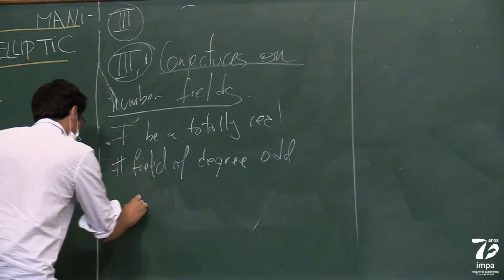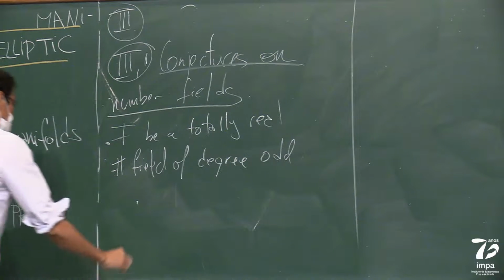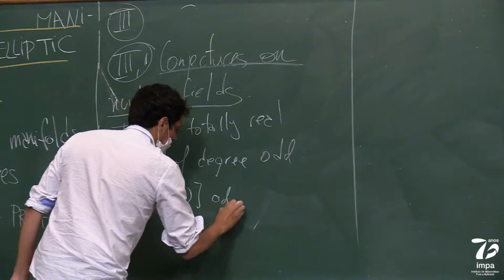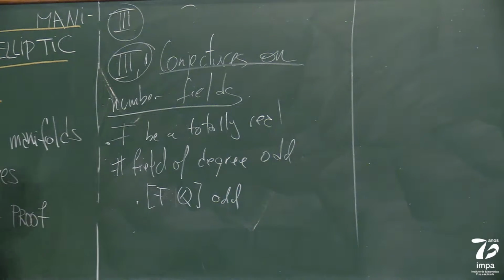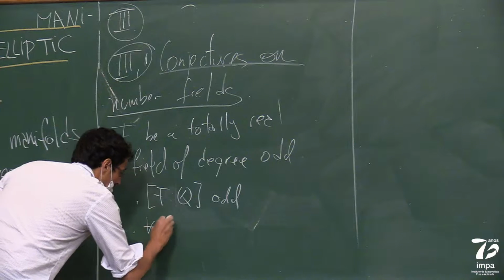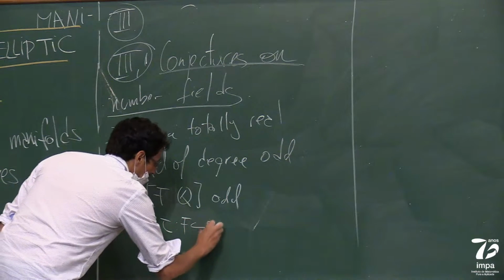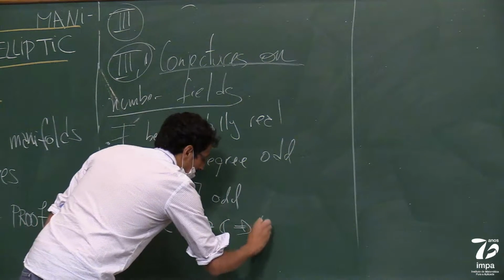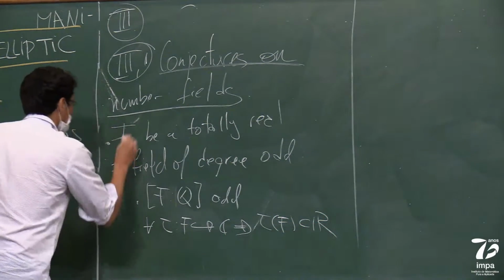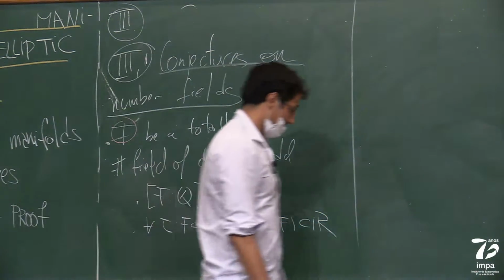Odd degree means that the degree over Q is odd, and totally real means that it's real in every embedding. So for every embedding of F in the complex numbers, the image is inside the reals. Okay, so F will be our field.